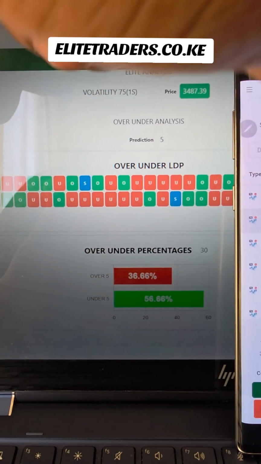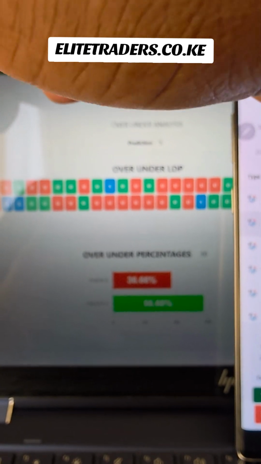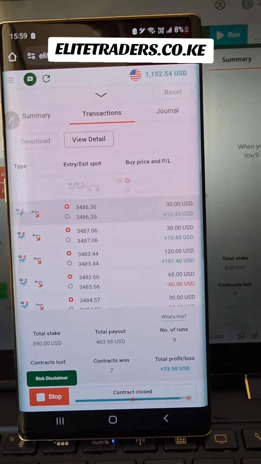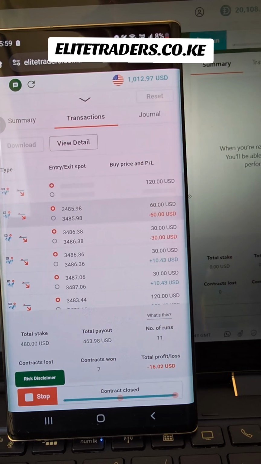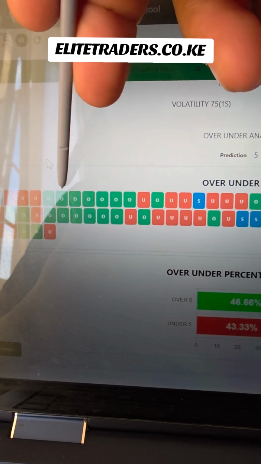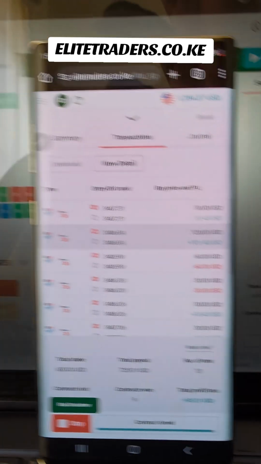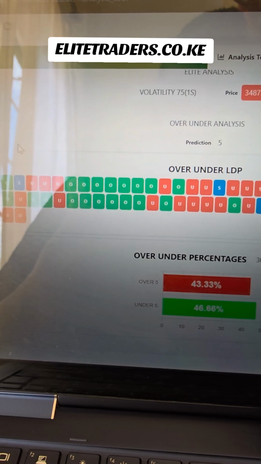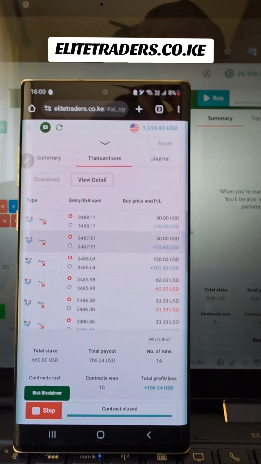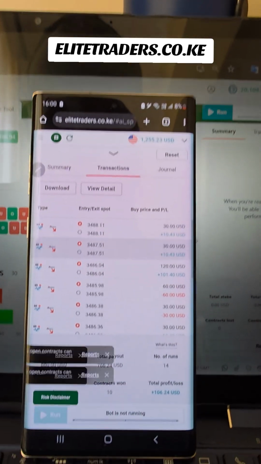I'm just trying to show you that the moment we spot 3 consecutive over digits, the trade hits. The overs followed each other, that's why we got consecutive losses there, but we still managed to make a recovery. Now we only need one trade and it has become a win.